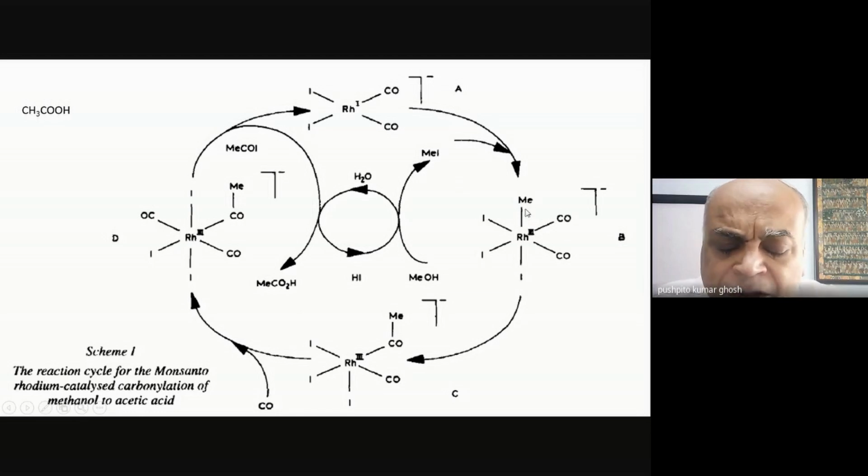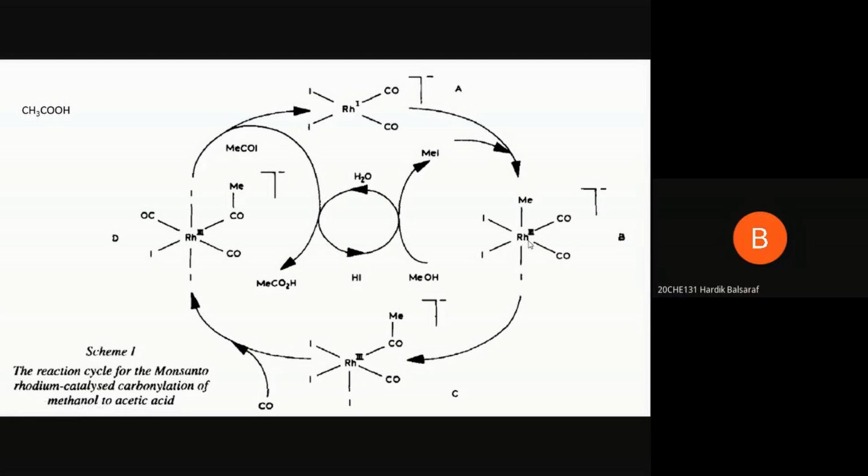But that kind of a concept came from things like butyl lithium, or even in the Grignard reactions. These were basically where the organic part was considered to have a negative charge and the metal was assumed to have a positive charge. So that is really the reason why formally these are indicated as minus charges, and therefore the rhodium becomes +3. Is that clear now? Yes, sir. Thank you, sir.